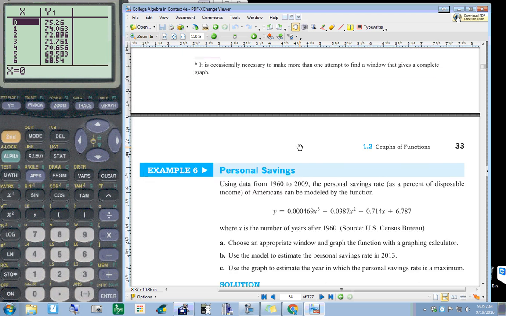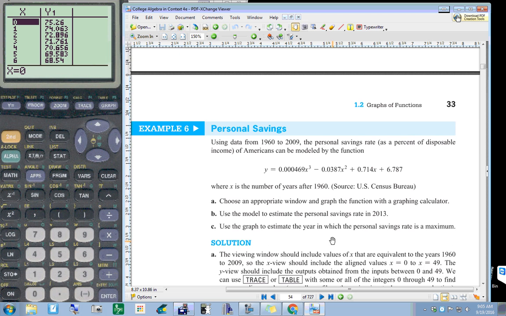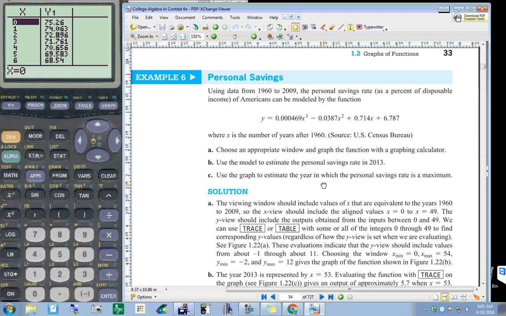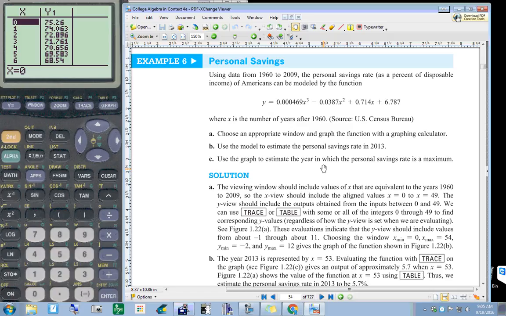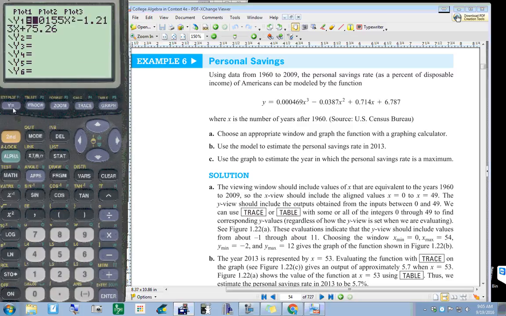So, if I try this one, it says, using data from 1960 to 2009, personal savings rate as a percent of disposable income can be modeled by the function. So, y equals again. You see clear, get rid of that.